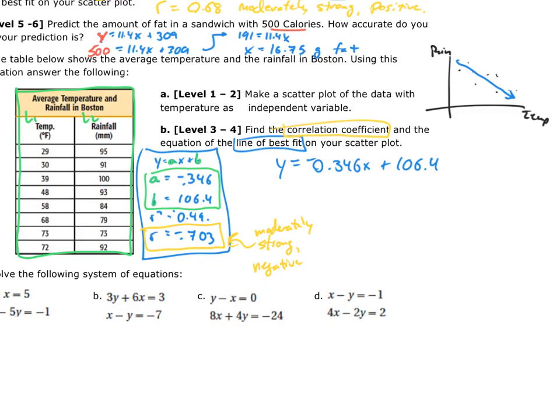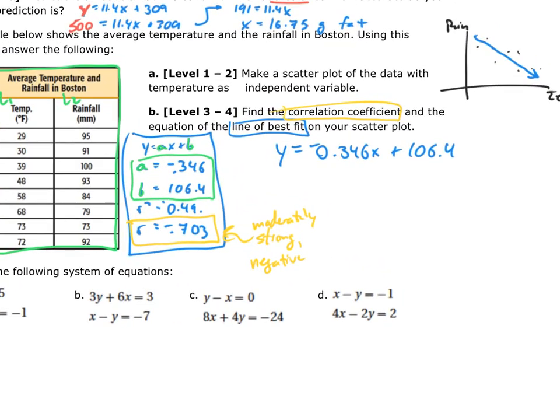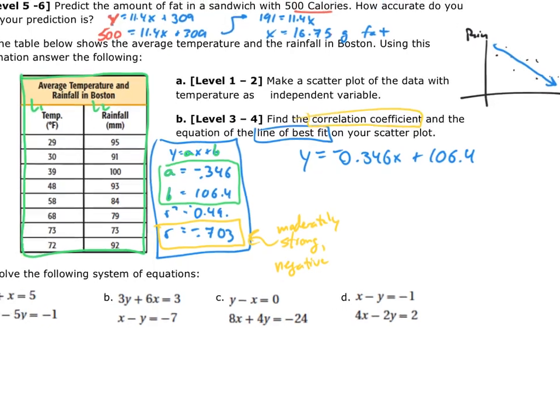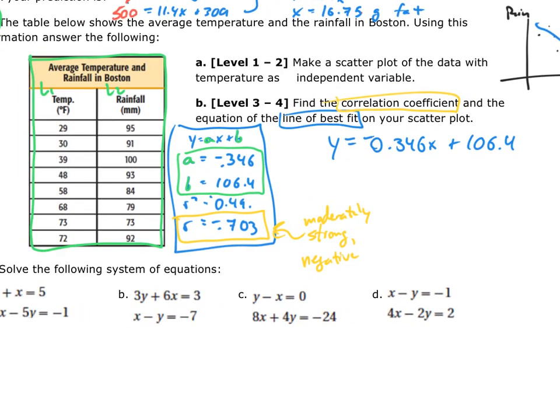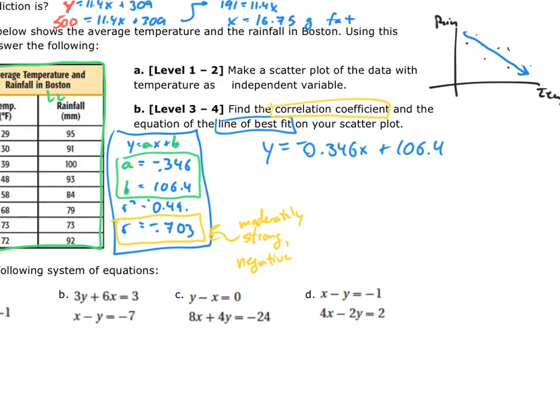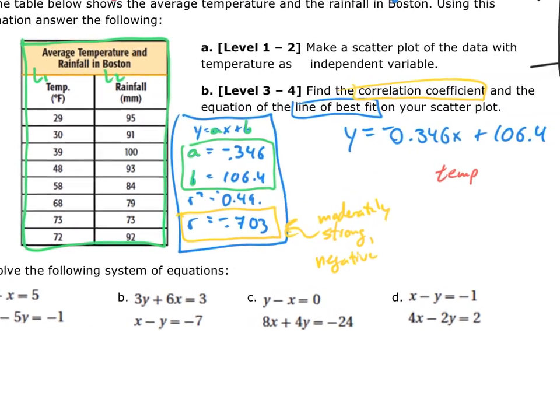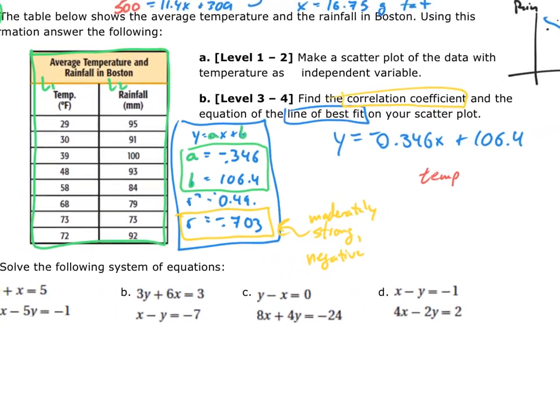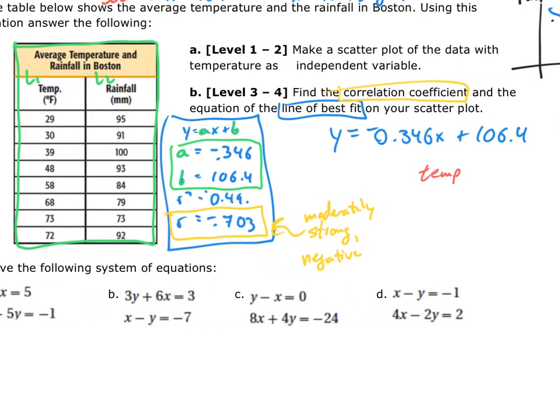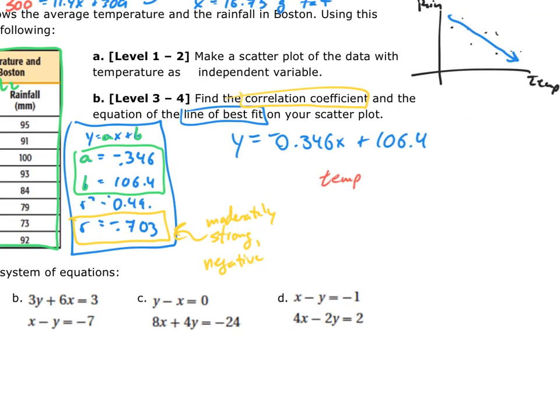So this isn't in one of the questions, but I think it's important to be able to do this. So maybe we should predict, like, if the temperature today is, oh, it's in Fahrenheit. Let's call it 70. Let's say the temperature is 70 degrees Fahrenheit. What's the rainfall? Well, temperature is the X value, so plug it in there.